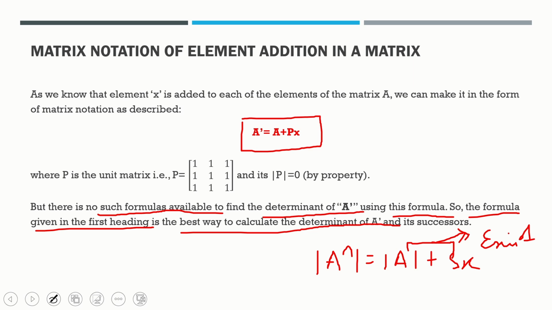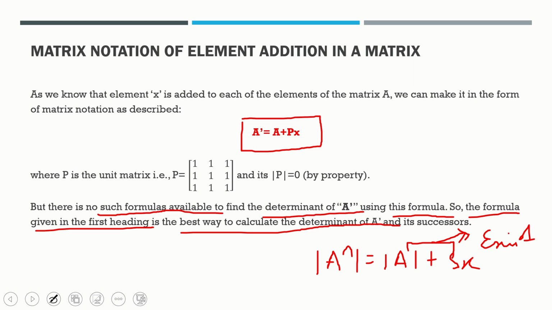Okay. Suppose you can take any A n value. You predict any A n value and calculate its determinant, and you can take any A value and its determinant.